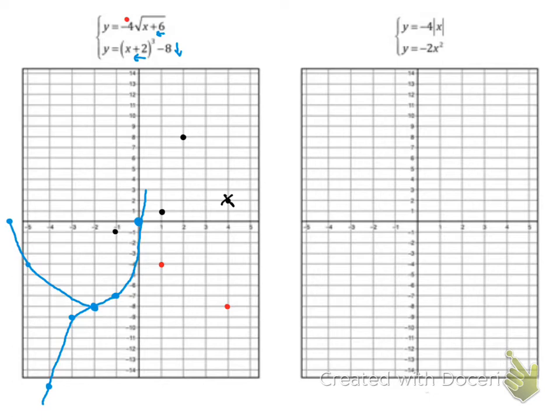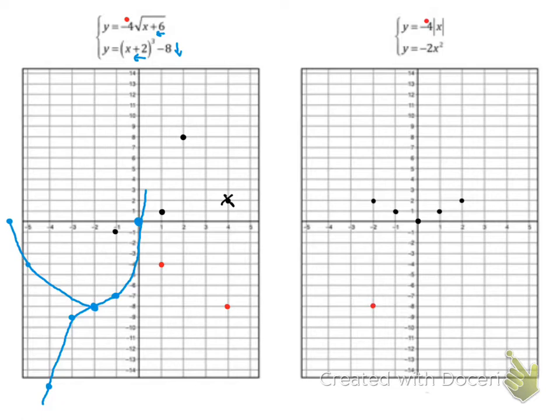Okay, let's do the next one. I'll try to do this one in different colors. I'll try to add purple into there. So if we're looking at the first one here, we have an absolute value function. So we know 0, 0, up 1 over 1, up 1 over 1. That's our parent for our absolute value function, and we have a multiplier, -4. So all the y values we're multiplying by -4.